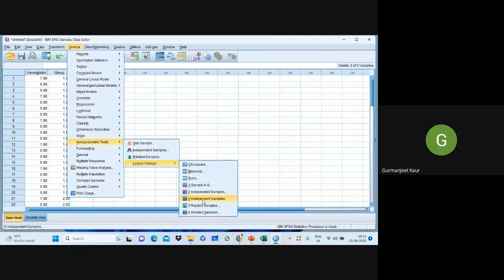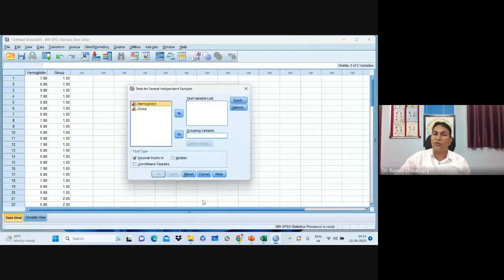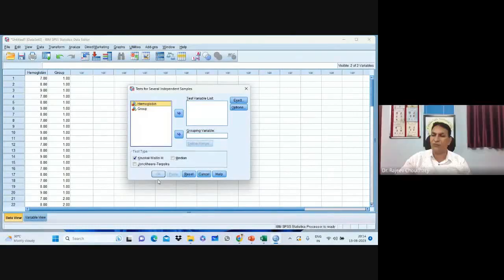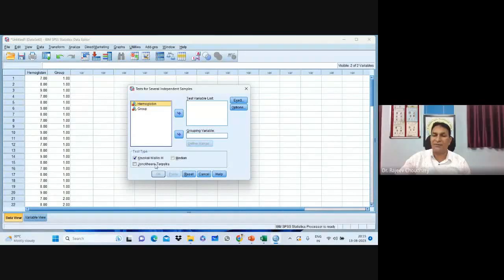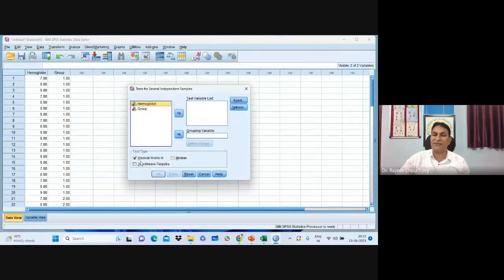Click on K Independent Samples. Which technique do we require? Is there any technique named Kruskal-Wallis H test? Yes, this technique is there.